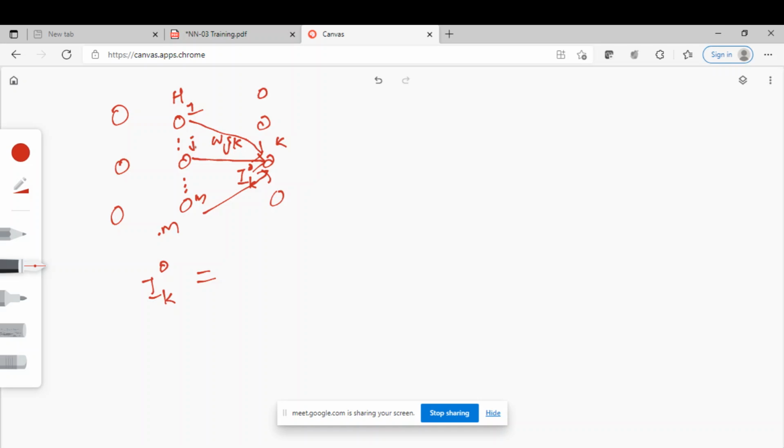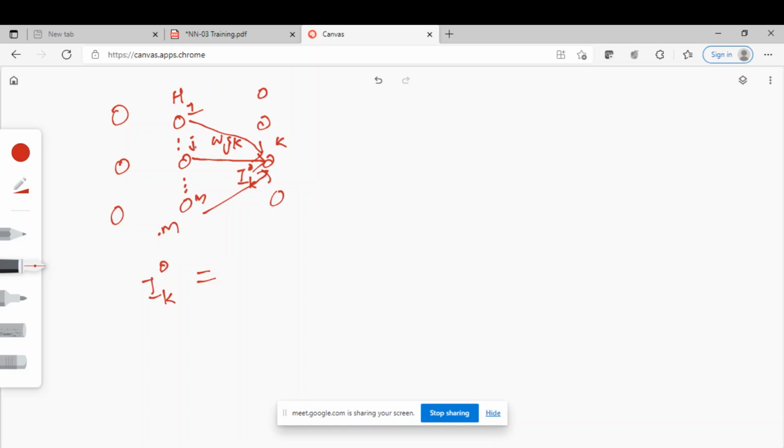Then how will you mention this input alone? It is O1 into W1K plus, this is the first neuron.